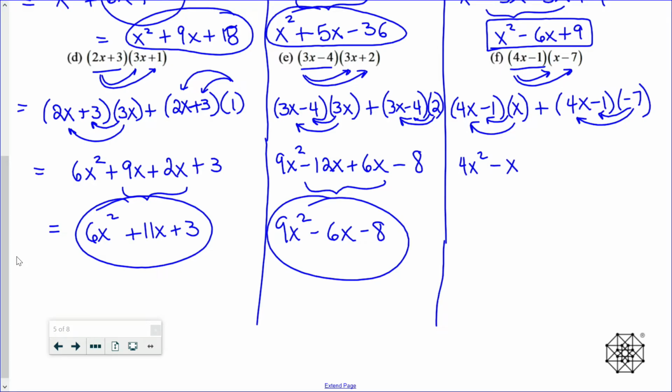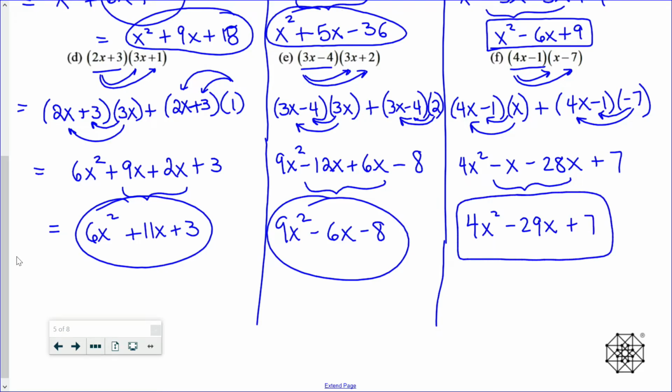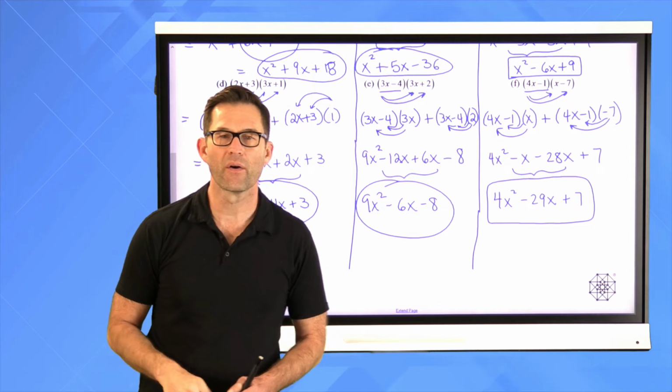Negative 7 times positive 4 is negative 28x, and negative 7 times negative 1 is a positive 7. This is a little tricky. I've got 1 negative x and I've got 28 negative x's, so I've got 29 negative x's plus 7. Negative 29x plus 7. All right.